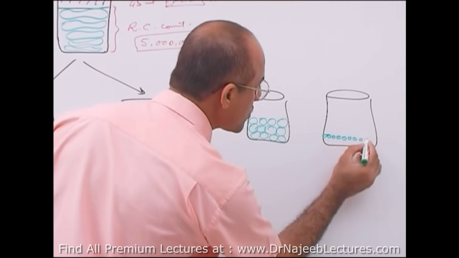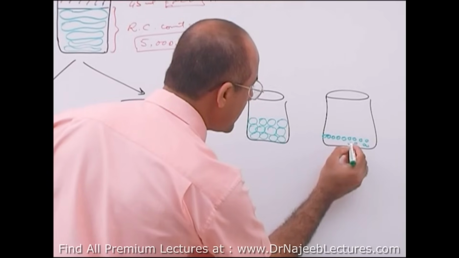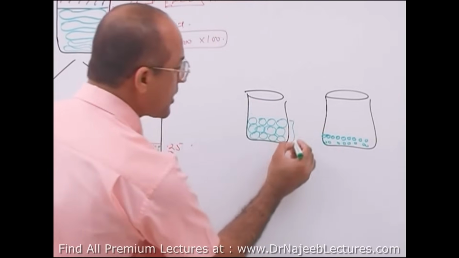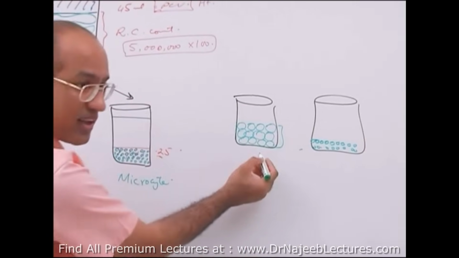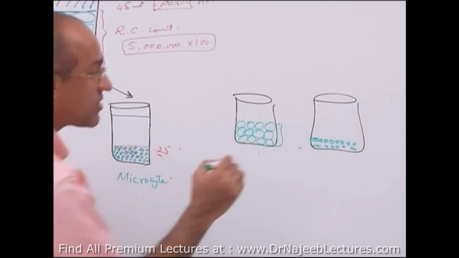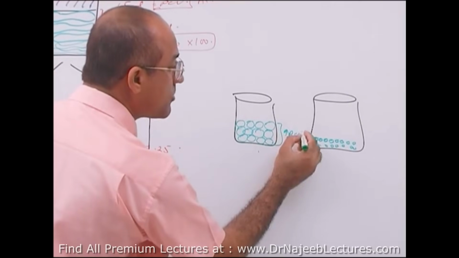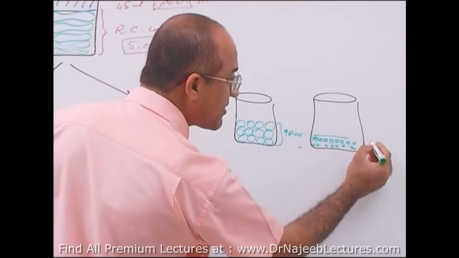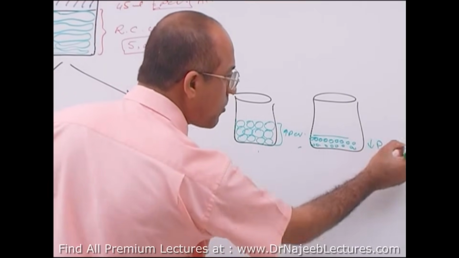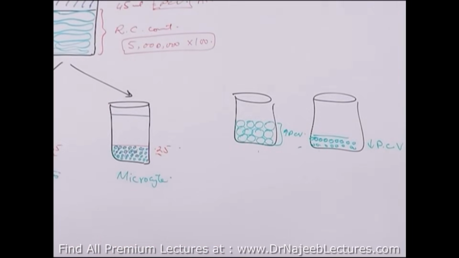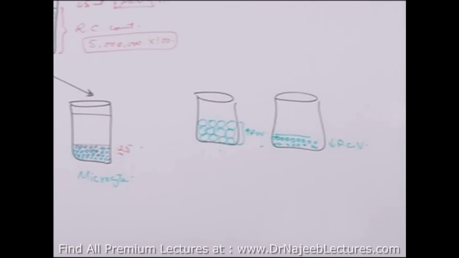If the number of red blood cells is equal, then the person with larger red blood cells will have more packed cell volume, and the person with smaller red blood cells will have less packed cell volume. Do I need to explain it further, or do you understand it?